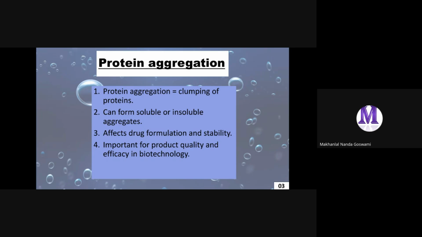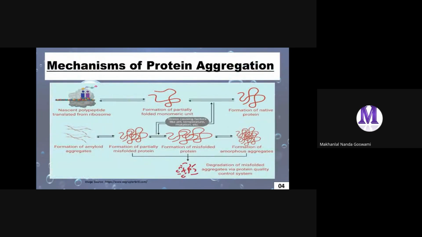So, moving to the next slide, the mechanism of the protein aggregation. This figure illustrates the process of protein folding and potential outcomes of misfolding. As you can see in the figure, that is nascent polypeptide translated from ribosome. The process begins with a newly synthesized polypeptide chain being translated from ribosome.